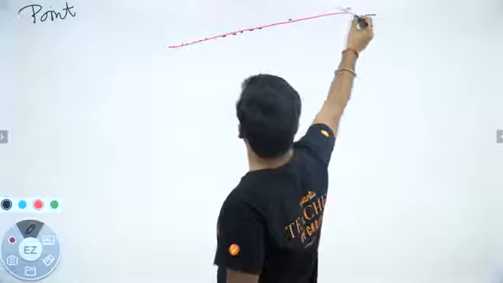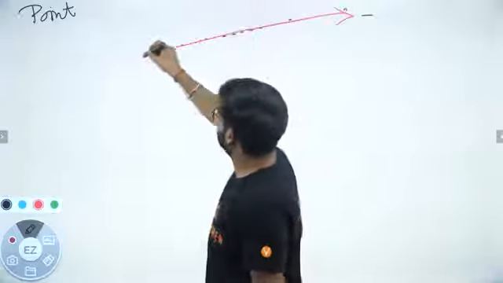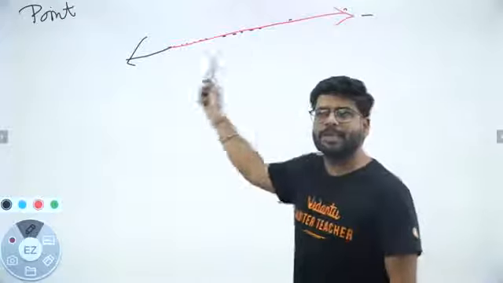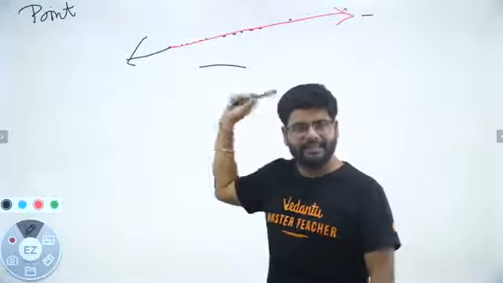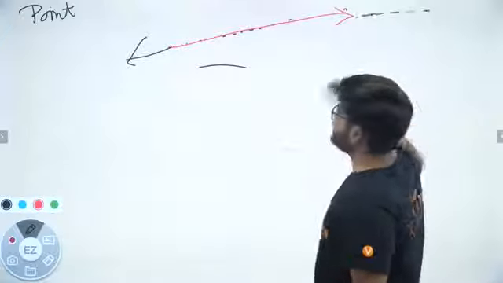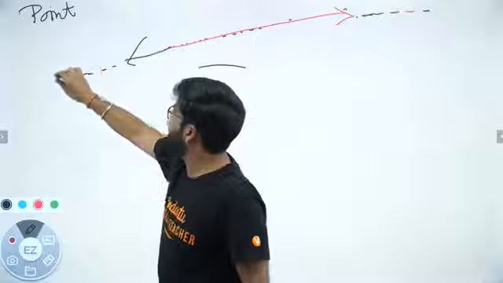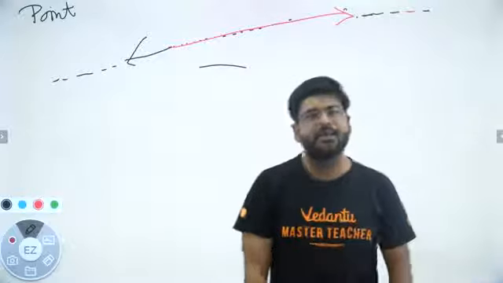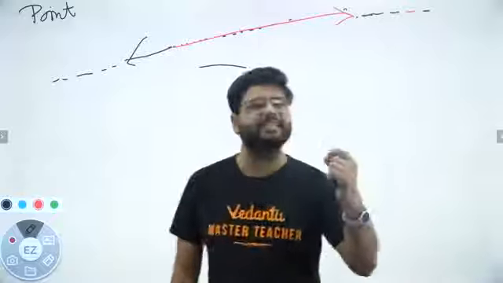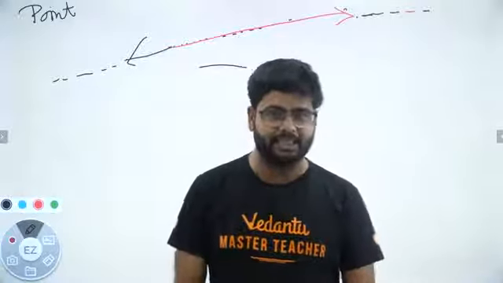If I join all of these points, I will get a line. It can be extended in both directions. You can see that, right? I can take any number of points further ahead, and I can take points in this direction as well. So what is a line? A line is a collection of points, okay?